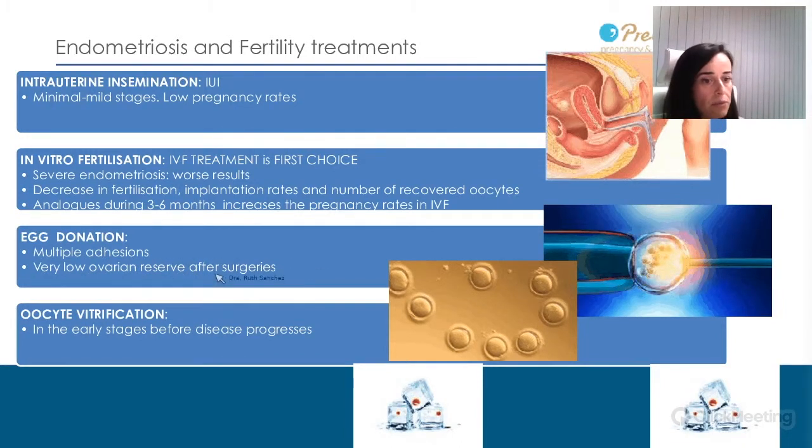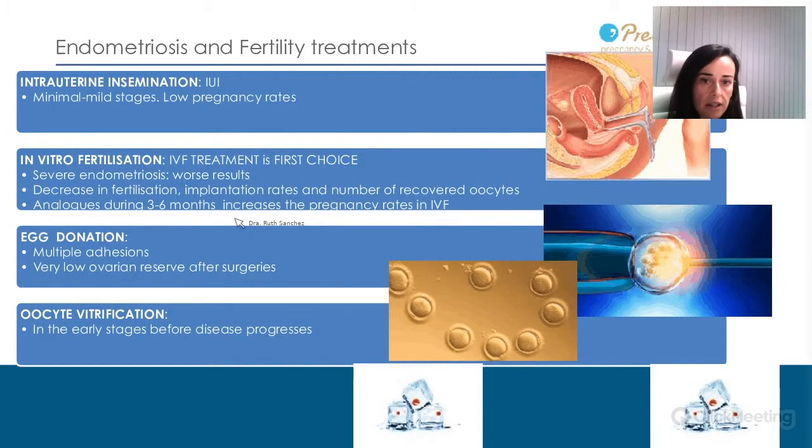Or even in patients with a good ovarian reserve, but with a very severe endometriosis with multiple adhesions in the pelvic cavity, where the ovaries are not reachable to do the oocyte retrieval. In these cases, we have to go to egg donation.